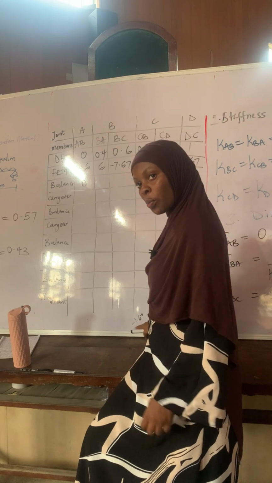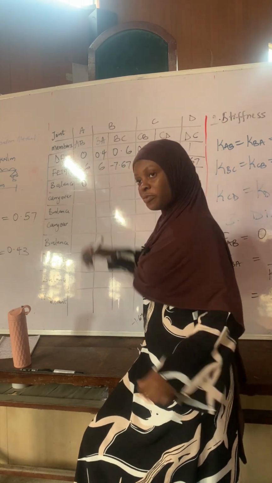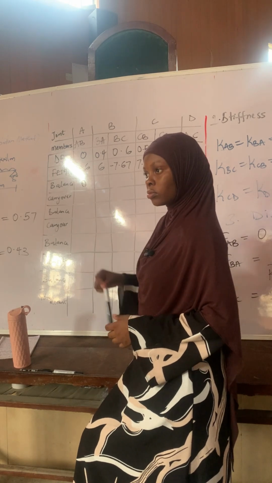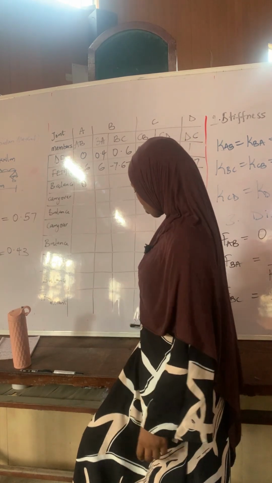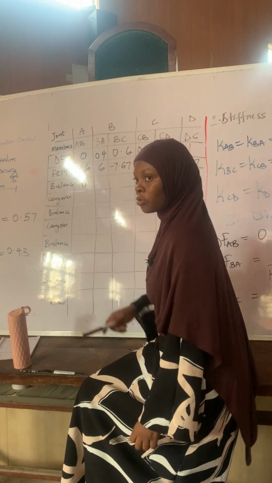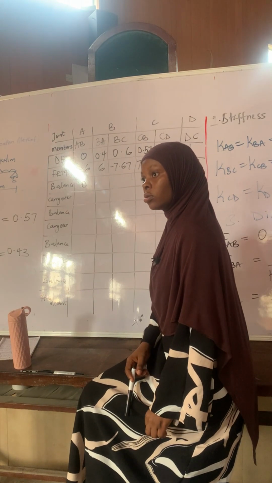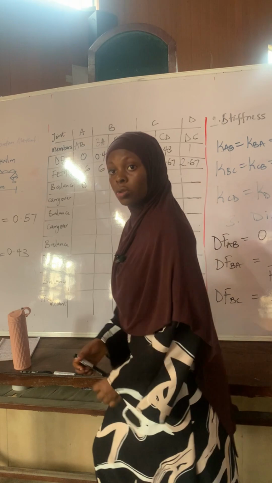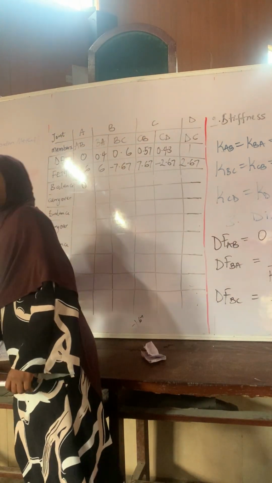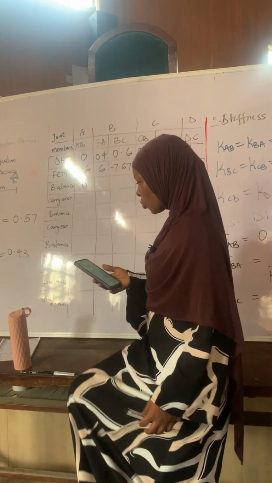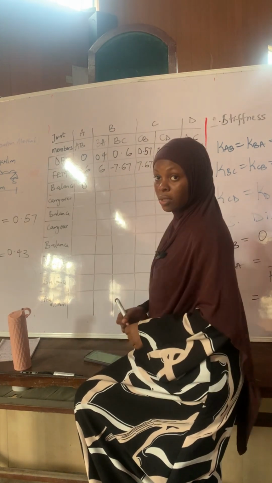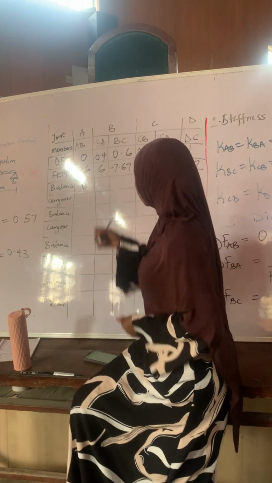You now multiply this minus 1.67 by 0.4, which is 0.67. Is it positive or negative? Negative, so what am I going to write here? Positive 0.67.